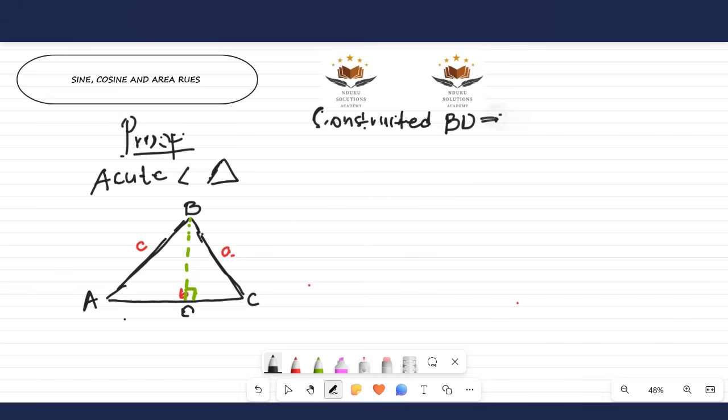Let this BD of ours be h. It's our perpendicular height. Good. So we know the formula of the area.